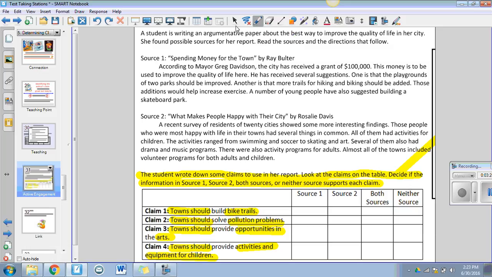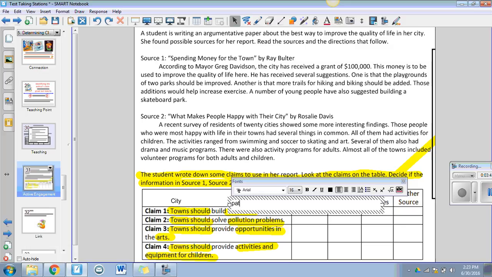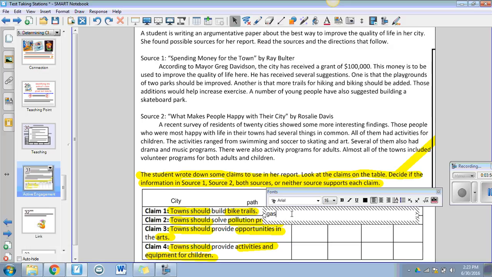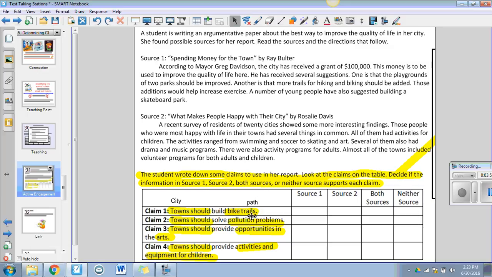According to your next step, what you want to do then is determine synonyms for any words that you see. So a synonym for the word town would be city. Then I'm going to move on to bike trails. So you might see path instead of trails. Claim 2, pollution problems. For pollution, I might see gas.